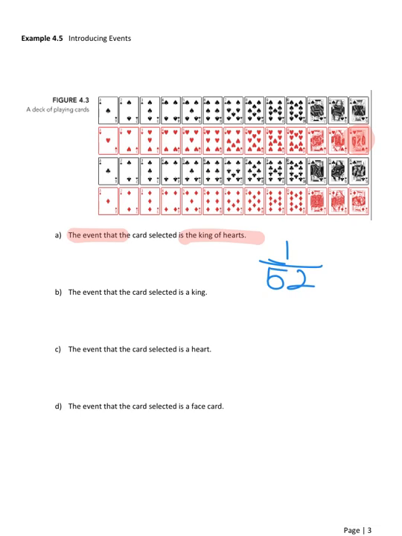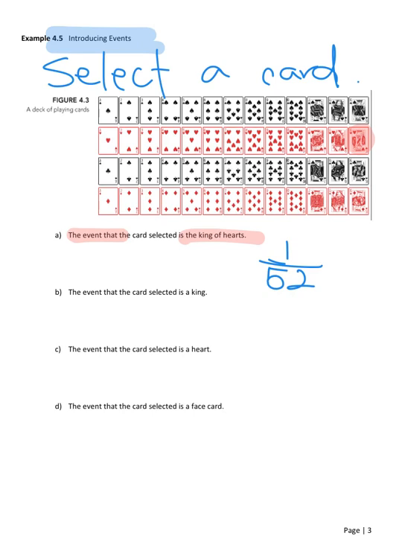Actually, the figure, the picture, is the sample space. It is the collection of all possible outcomes. Oh, I'm sorry, I didn't say what the experiment was. The experiment is to select 1 card.